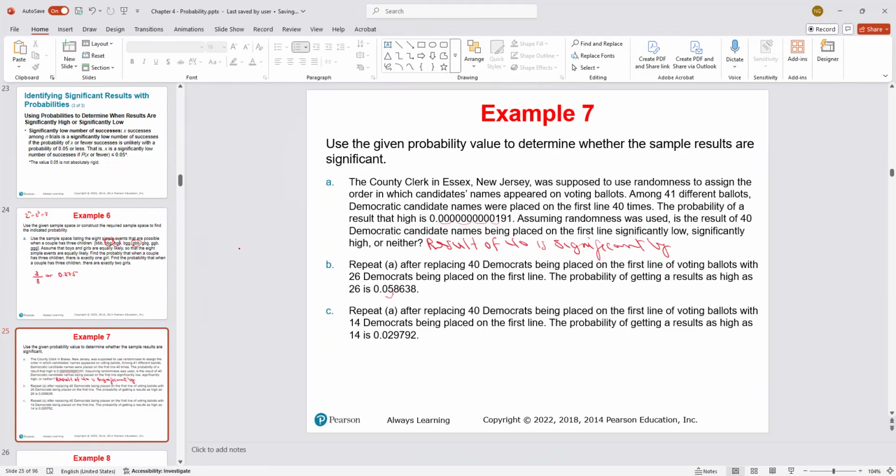So it's pretty close to the middle, right? For this one, what would we say? Is it significantly low or significantly high? We believe the result of 26 Democratic names placed on the first line is neither, because look, 50% is very close. It's neither.